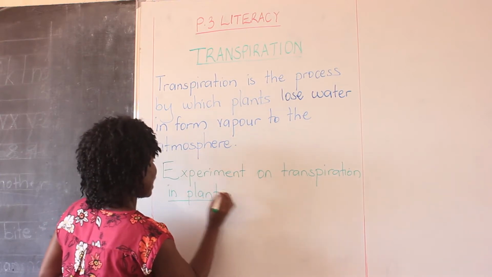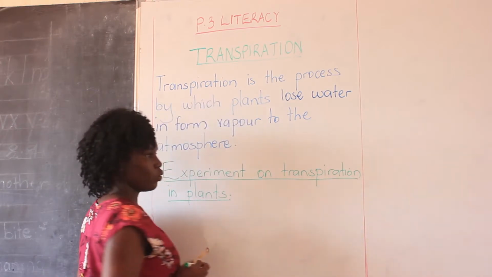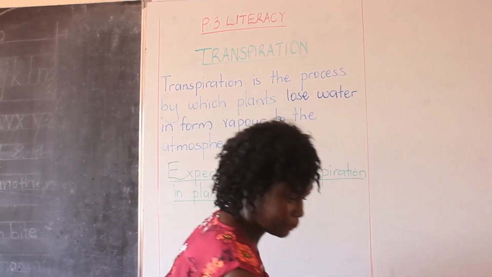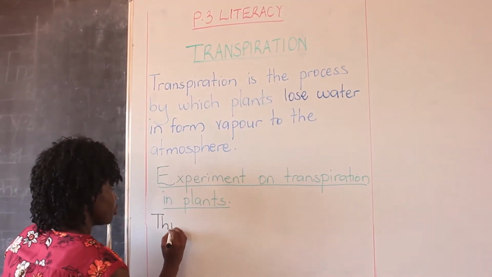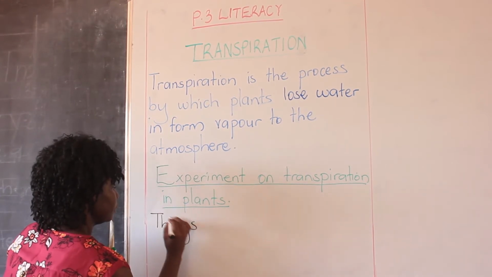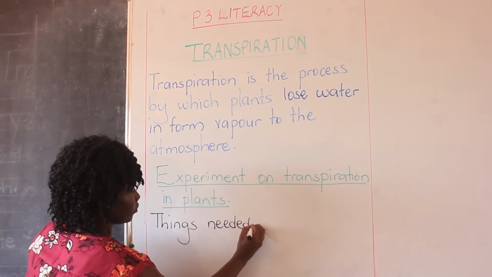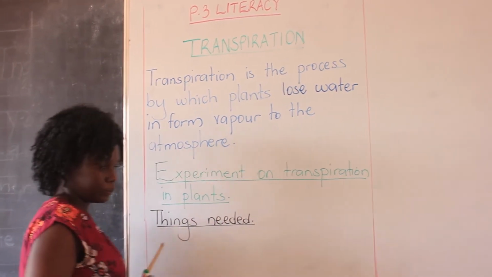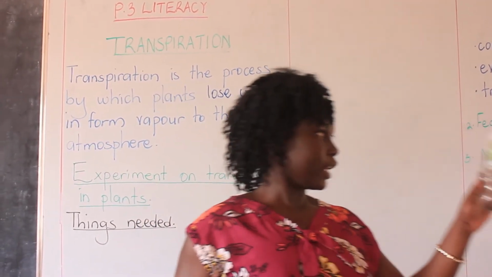Now you're going to do this one afterwards, but I'll explain and I'll tell you what to do. So experiment, what do we need? So we are looking at things needed. What are we going to use? So number one, I'm having here a plant in a pot.